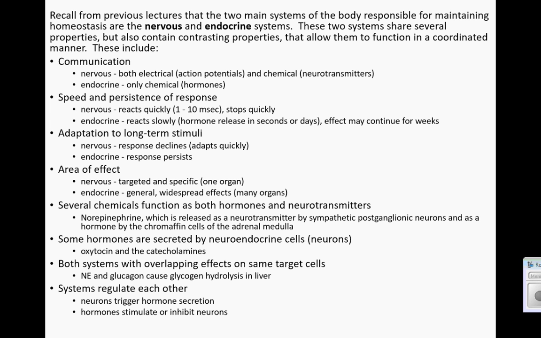The area of effect is very targeted and specific, generally one organ or two, with the nervous system. The endocrine system, because those hormones are released into the blood, and the blood carries those hormones throughout the body, can be very much more widespread.